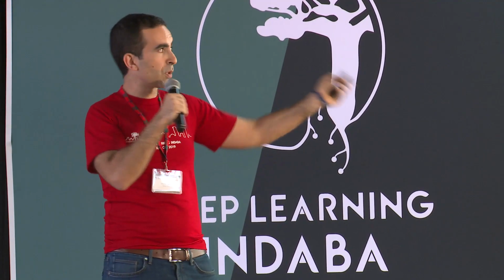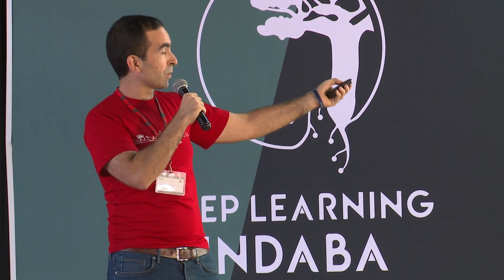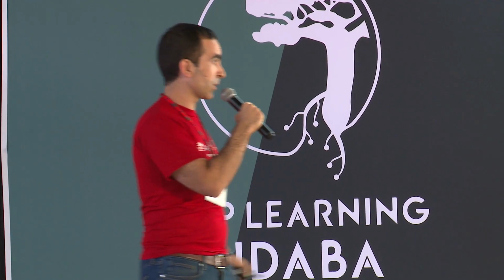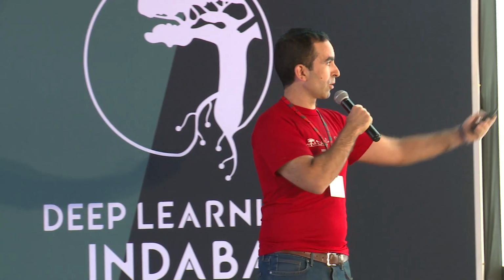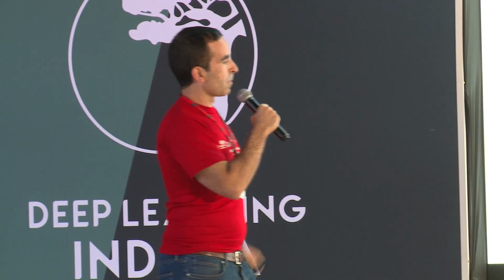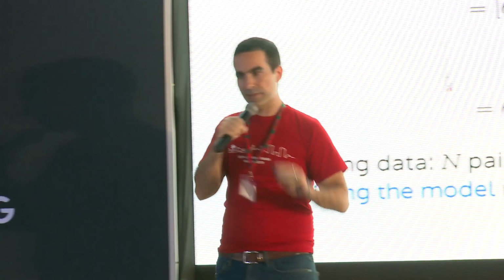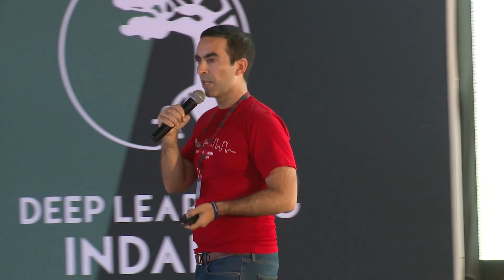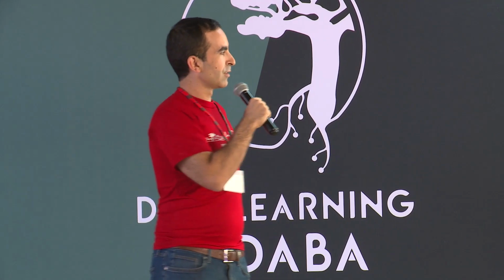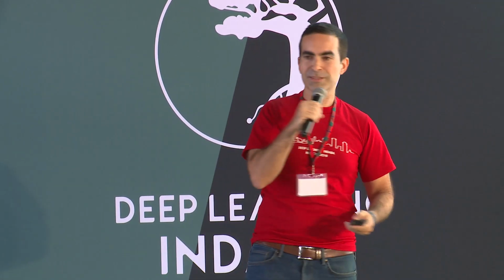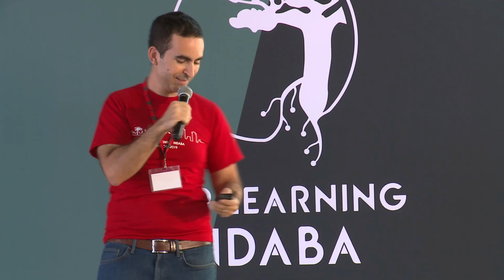Theta are the parameters of the polynomial, the coefficients, and x is the observable. I'm trying to find a good set of parameters, theta star, such that I'm not far from what I'm trying to predict. Okay? Everybody with me so far?